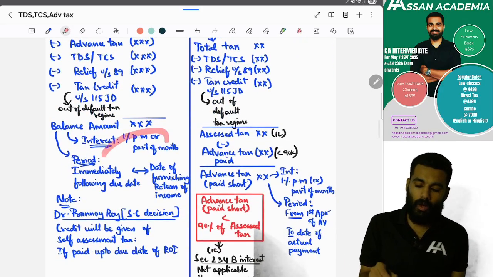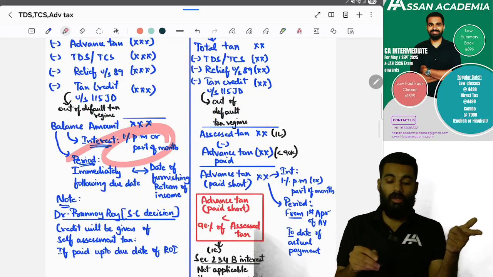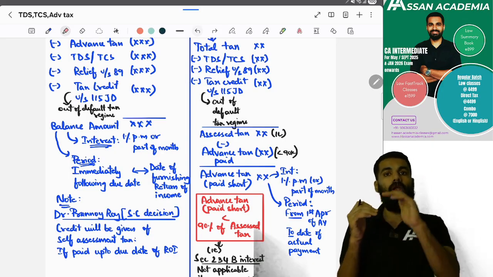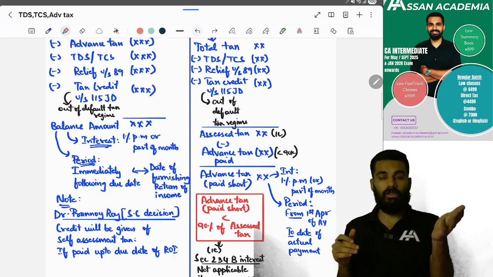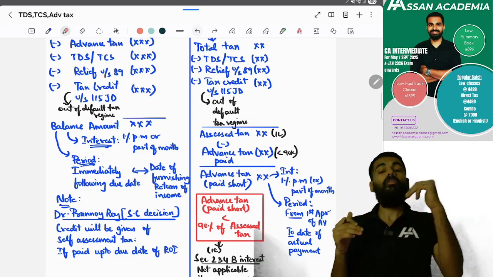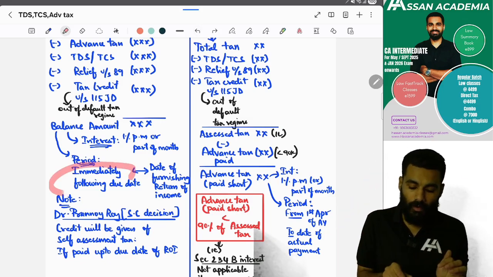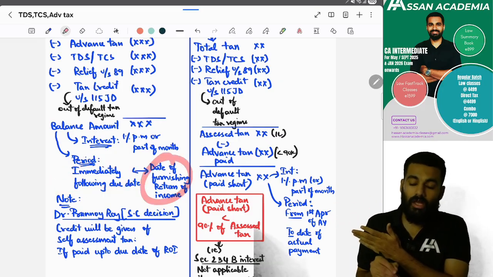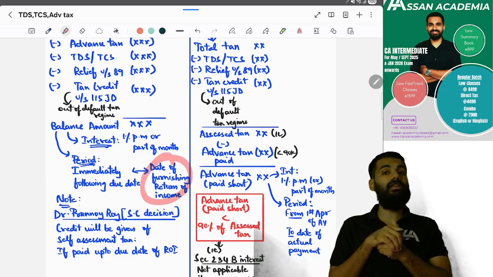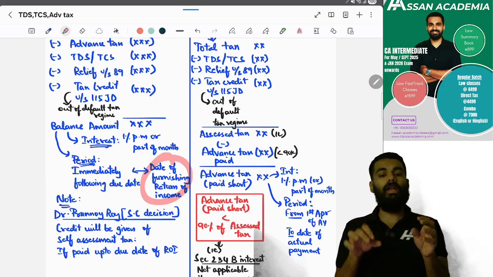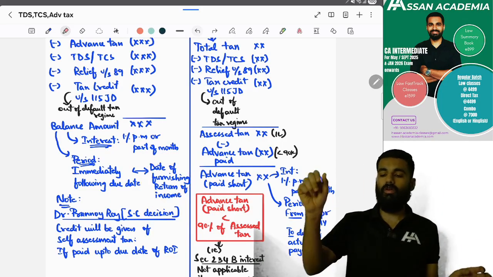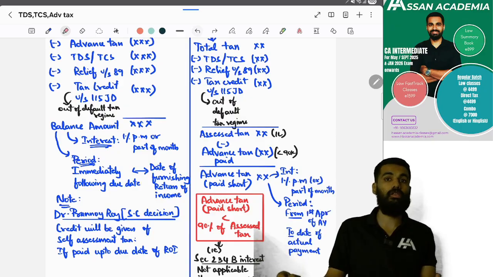From this balance amount, 1% per month or part of the month into what is the period? If it is 31st of July, first of August. If it is 31st of October due date, 1st of November. From the immediately next day, until when you are actually filing the return of income, that will be the period. 1% per month or part of the month, you have to calculate interest under section 234A.